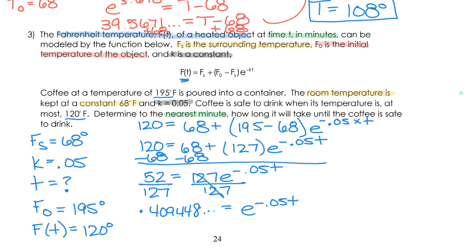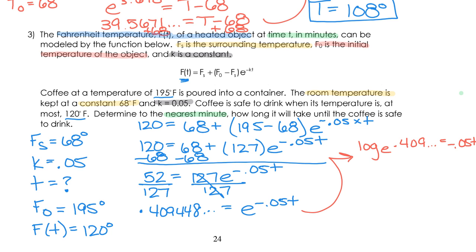And now we are down to our three things. We have our base, exponent, and number, and now we're ready for log form. So we're going to go ahead and write the word log. Our base is e. Our number is 0.409 equal to negative 0.05t.